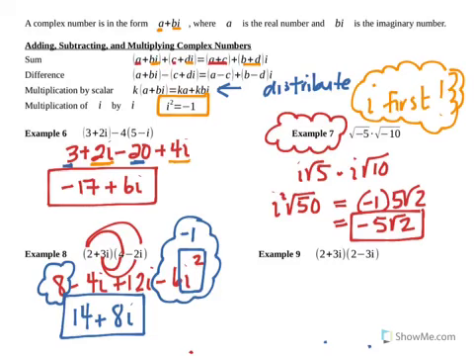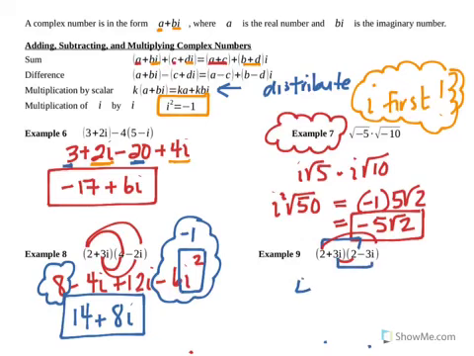Now, one important thing that we do with i is sometimes we want to get rid of i terms, imaginary terms, especially if they're in the denominator. So one of the ways we do that is we multiply by the conjugate. So remember that when you FOIL out two conjugates together, you're going to do firsts. Outsides and insides are going to cancel each other, and then you're going to do lasts. So you really only have to do firsts and lasts.